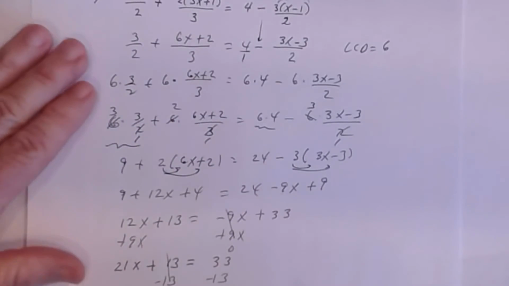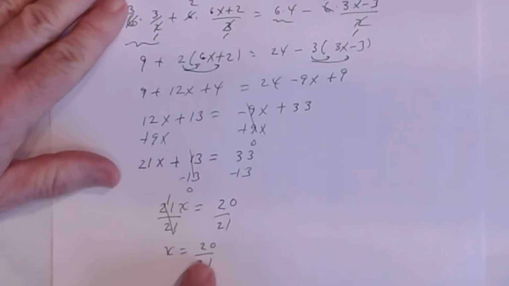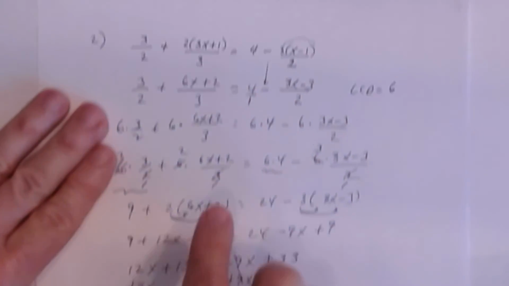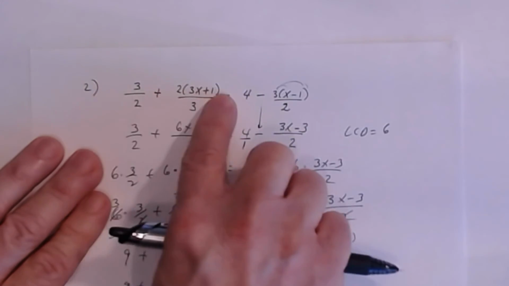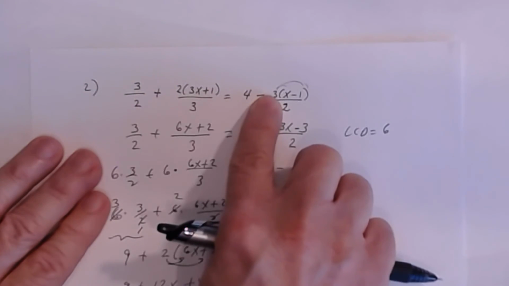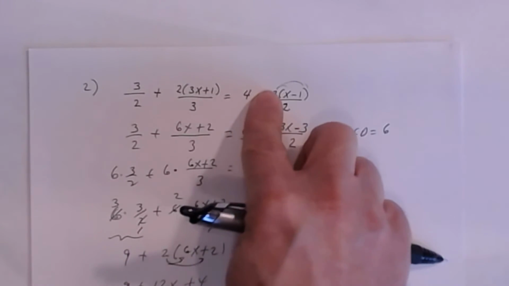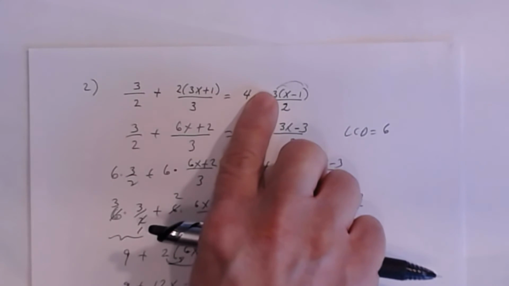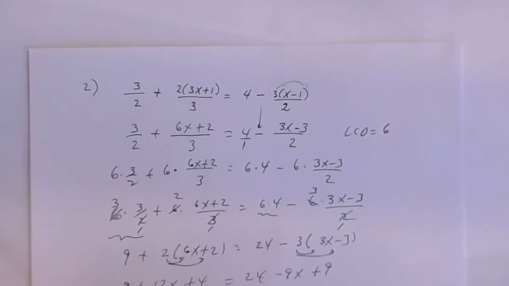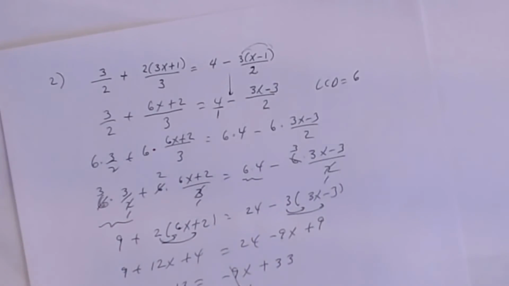This is going to be a little bit messy because I do have a fraction here, so let's check it in the original. At this point, you may want to use a calculator to help you. I'm going to take my calculator out, because doing this by hand is going to take a while. So let's use the calculator to help us with this.